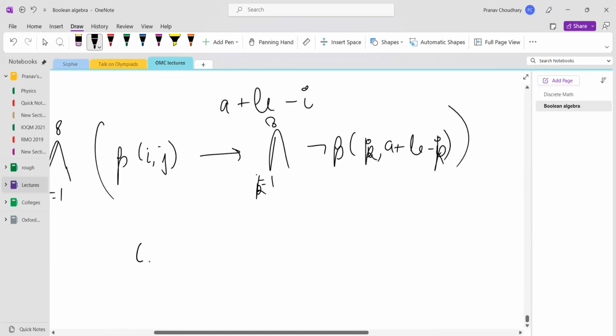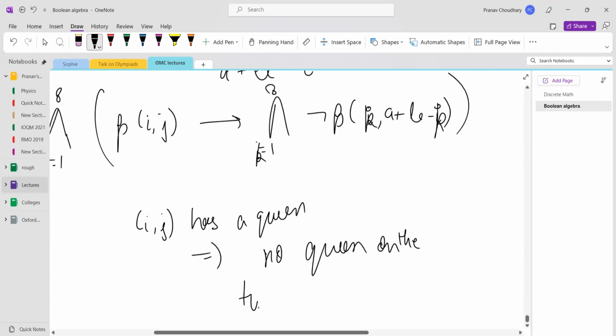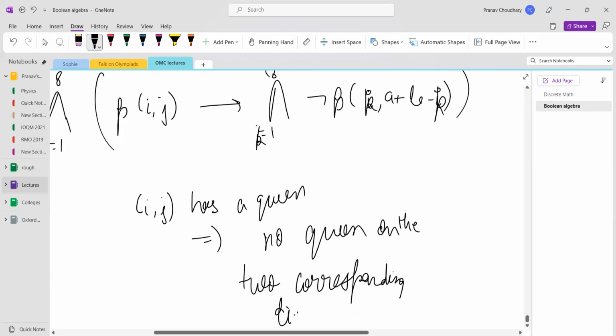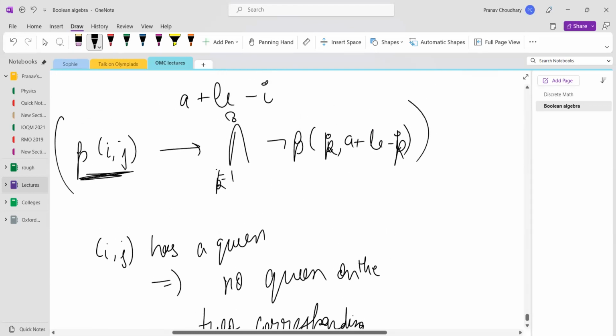The imply part. Okay. So what I'm doing is, I see if the cell (i, j) has a queen. This should imply no queen on the two corresponding diagonals, right? So if p(i, j) is true, which means that there's a queen on the cell (i, j), then I check all the cells on its diagonal.